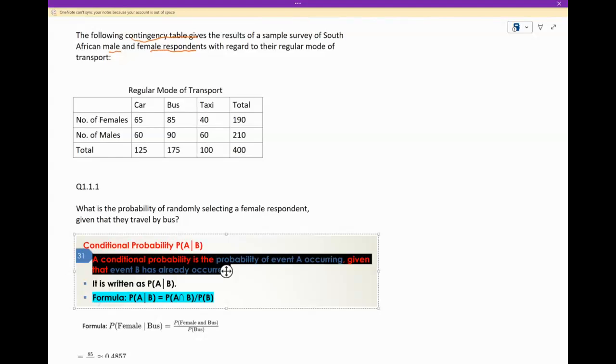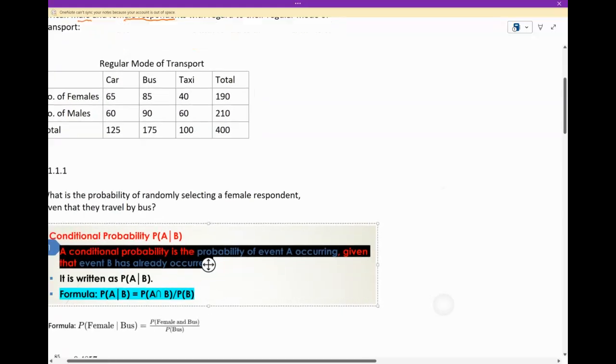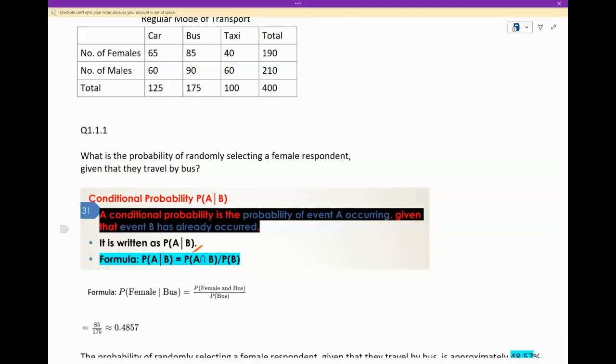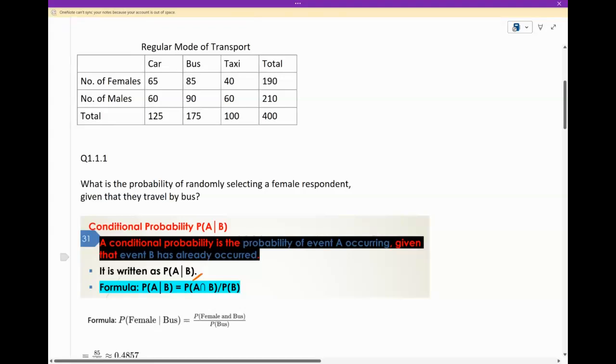So remember, conditional probability, the formula is: what is the probability of A given that B is met? That's how we interpret this here. So you simply say to yourself, what is the total number of female respondents that travel by bus? It's 85, isn't it?